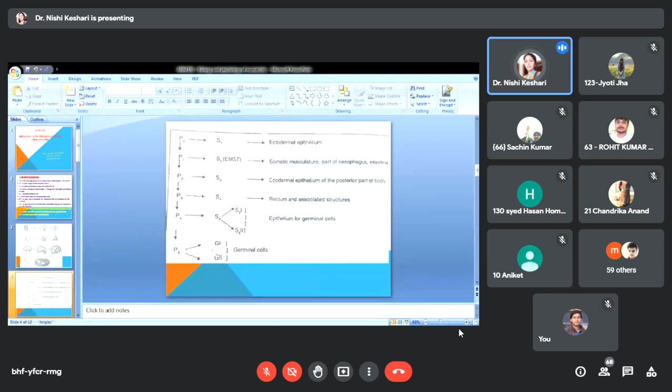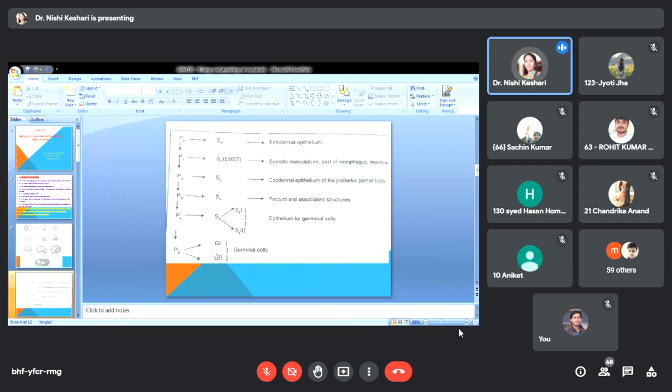Actually, this is a flow diagram through which we can show how the cell division is going on. This P0 forms S1 and P1. S1 means somatic cells and P means germinal cells. So this S1 forms ectodermal epithelium that finally forms the cuticle, that is the outer body tube. And this P1 forms P2 and S2.